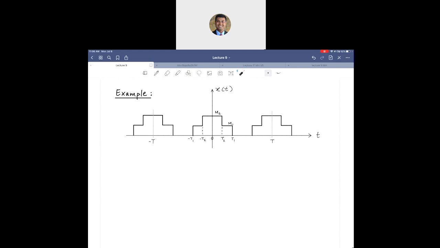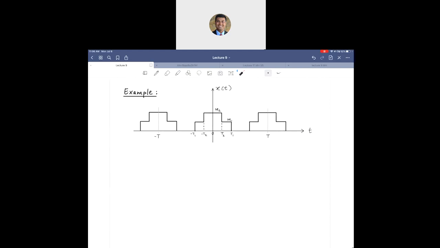Let us use that simple linearity property to find the Fourier series coefficients of this particular periodic waveform. So we are given x of t, and I'm assuming that m1 and m2 are scalars. So those are the heights of those waveforms.